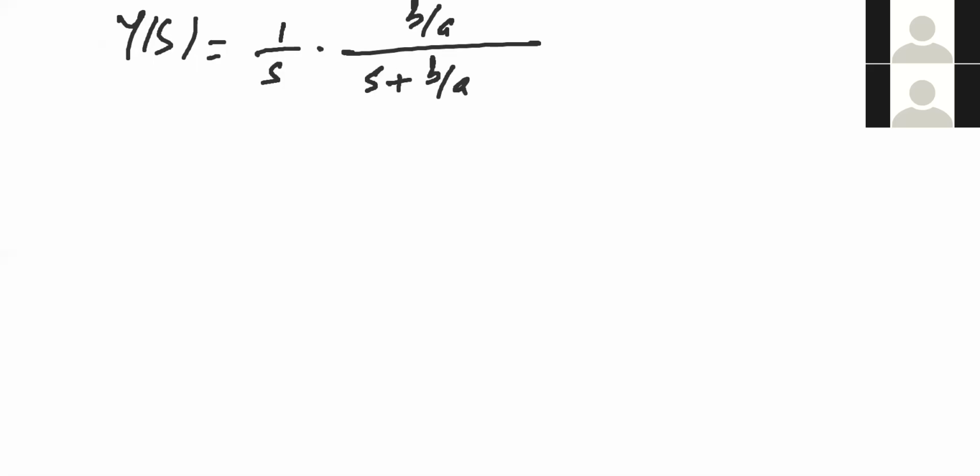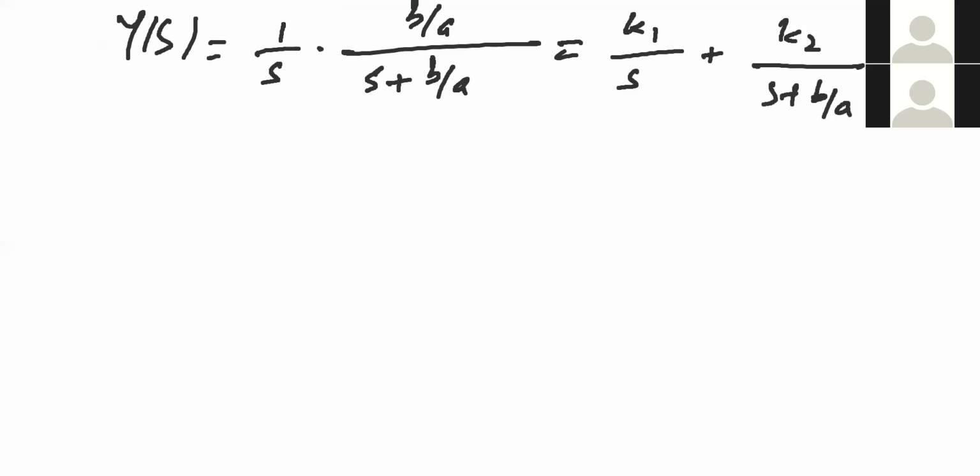Again, we are going to find the inverse Laplace transform of Y(s). In this case, it is difficult to find the inverse Laplace transform directly. So what we have to do is use the partial fraction again. If you use the partial fraction, then you will get k1 divided by s plus k2 divided by (s plus b by a).